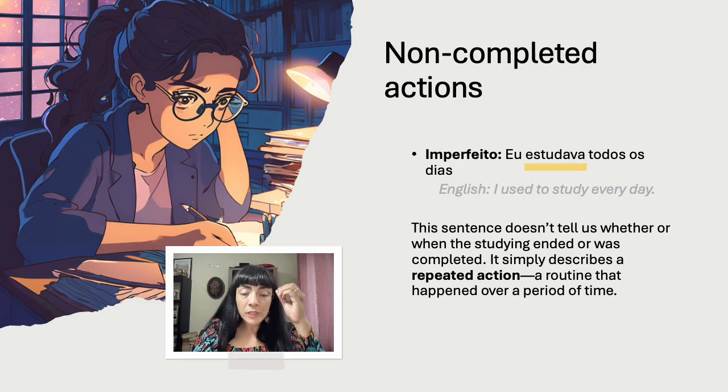So, I do hope you remember this, and please don't think that non completed actions are about the present. No, we are discussing non completed actions in the past. So, the imperfeito focuses on the fact that it was a regular occurrence, not whether it reached a definite conclusion, a definite ending. Okay?